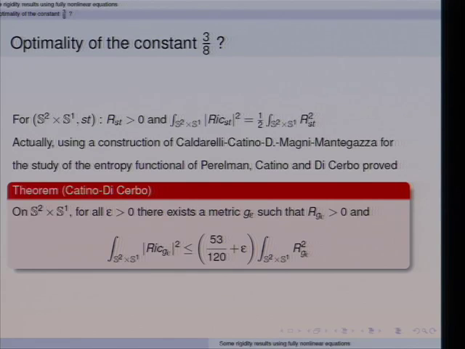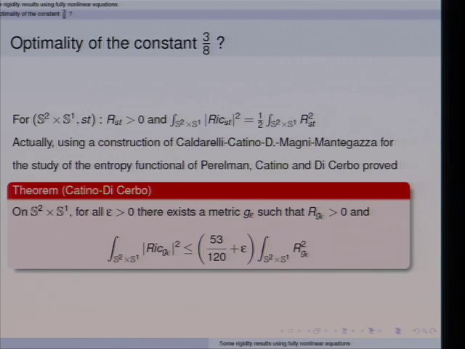So take S^2 cross S^1, and take epsilon, let's say small. You can always find a metric g_epsilon on S^2 cross S^1 such that the integral of the Ricci squared for this metric is smaller than this quantity times the integral of the square of the scalar curvature. And the scalar curvature of this metric g_epsilon is also positive.